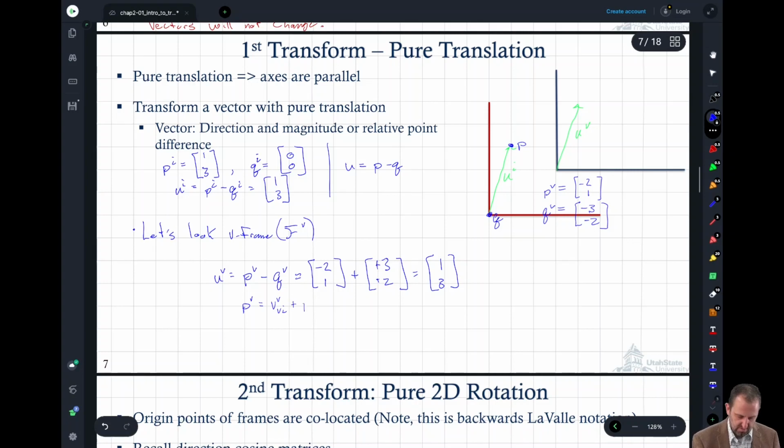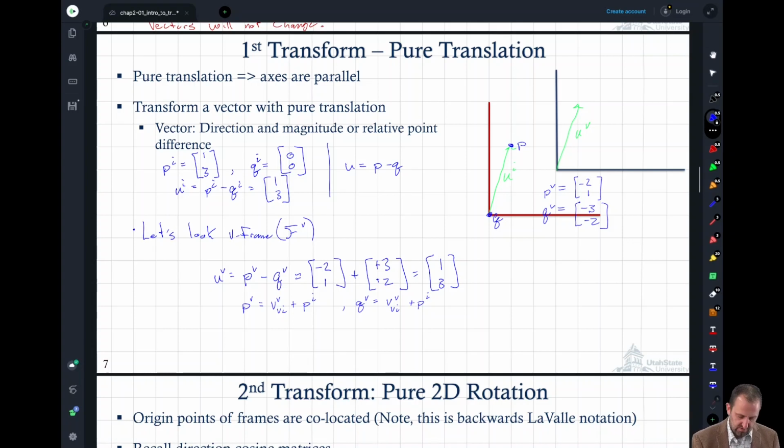And then our Q in V would just be equal to the vector from the vehicle to the inertial in the vehicle frame, plus Q in the inertial frame.